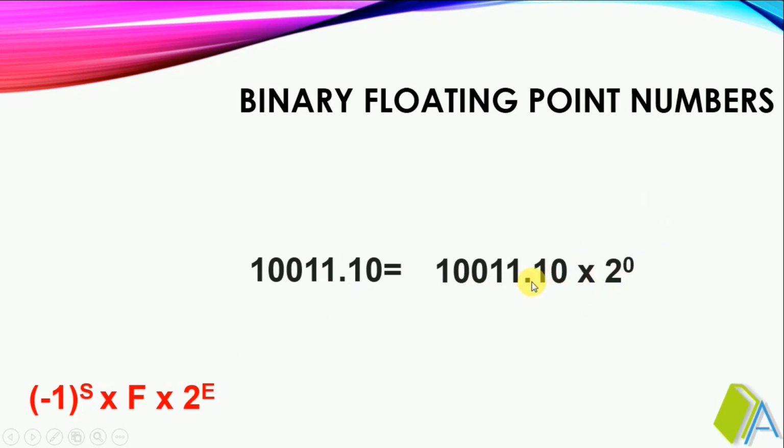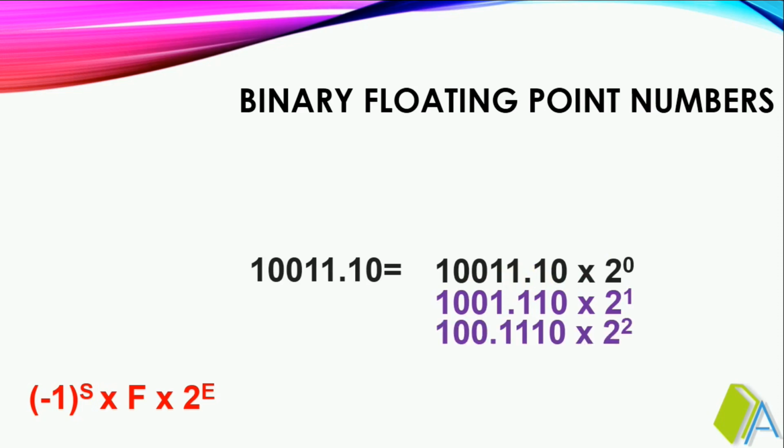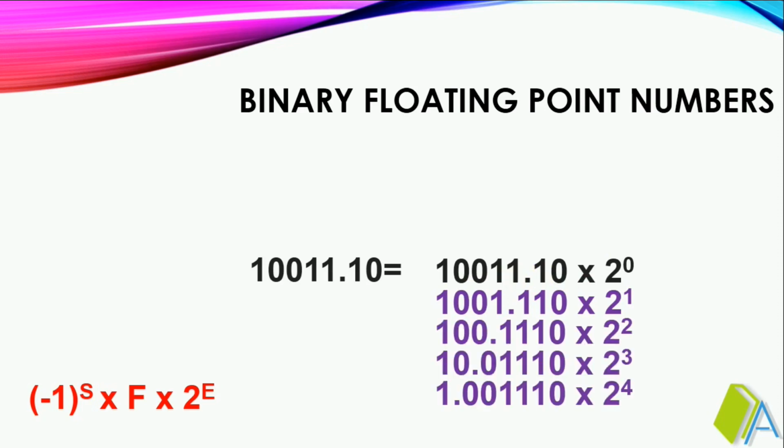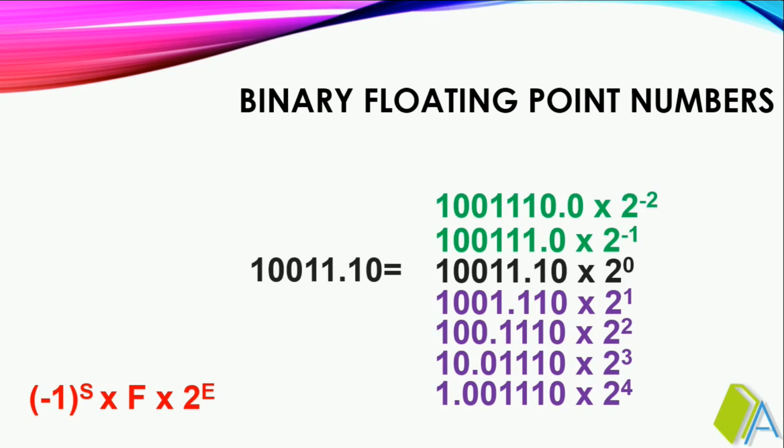Now I am going to start shifting the decimal point towards left. As I am shifting the decimal point towards left, my exponent value gets increased. When I am shifting the decimal point towards right, my exponent value gets decreased.